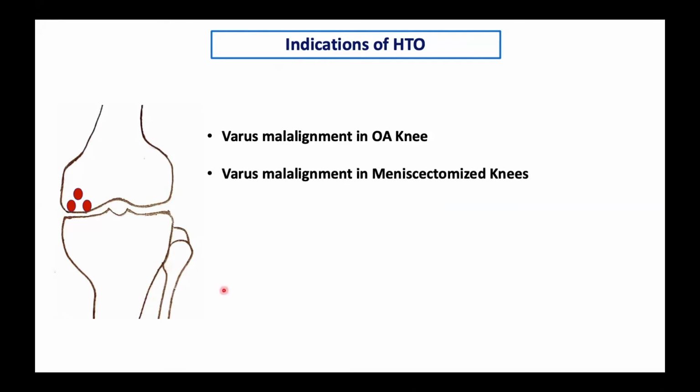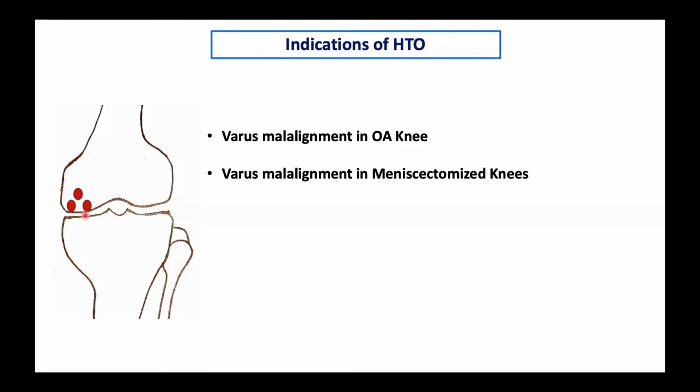And in case of meniscectomized knees or in any procedure like meniscus implantation, allograft of the meniscus, which is becoming more popular these days, suppose we have transplanted the meniscus here, or we have performed some procedures on the meniscus here in this medial compartment.